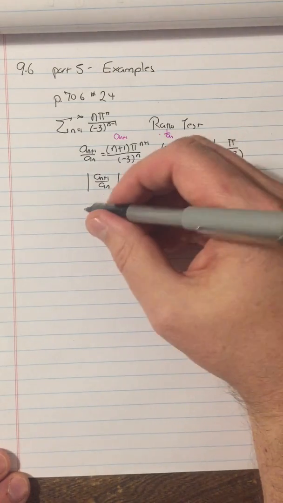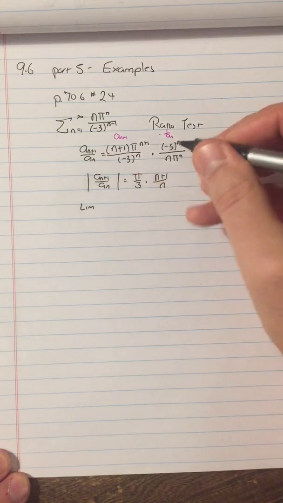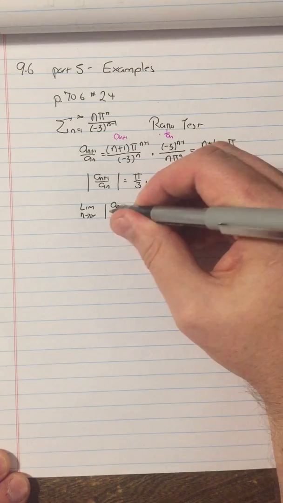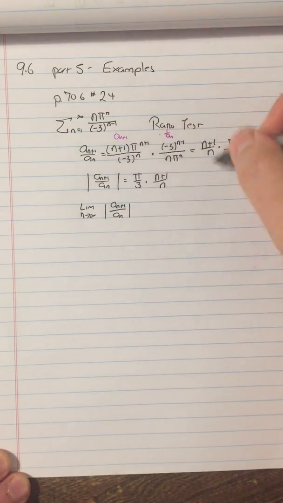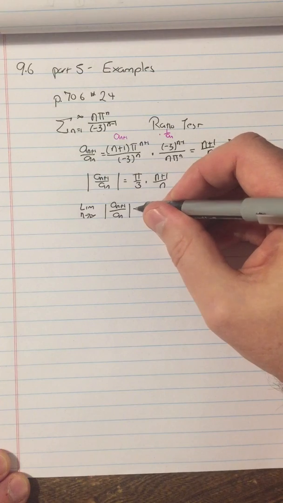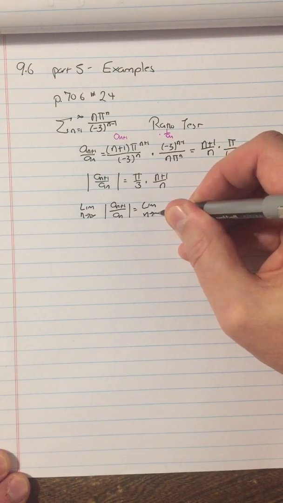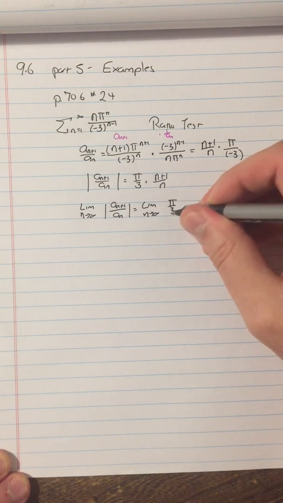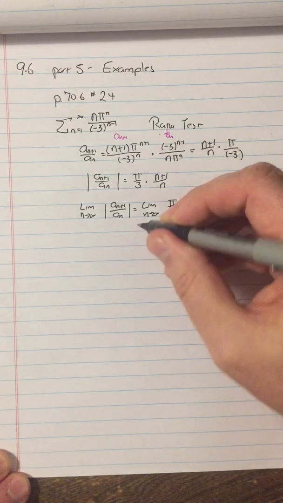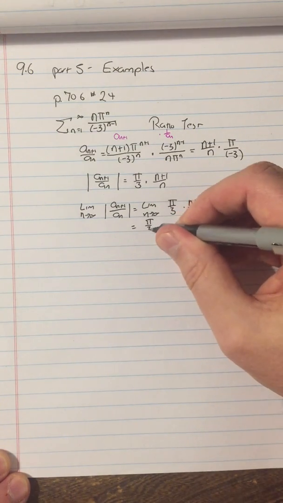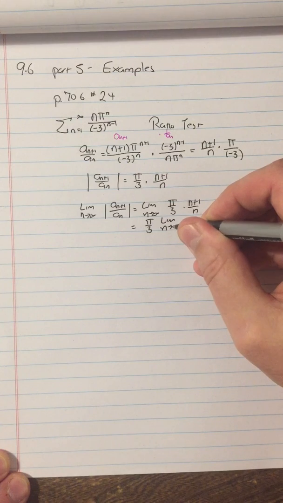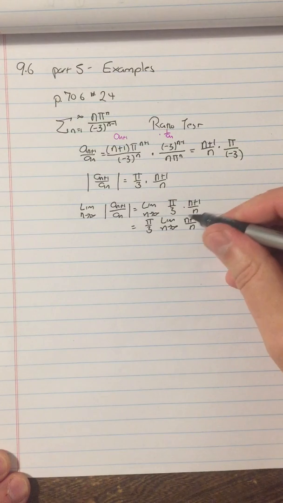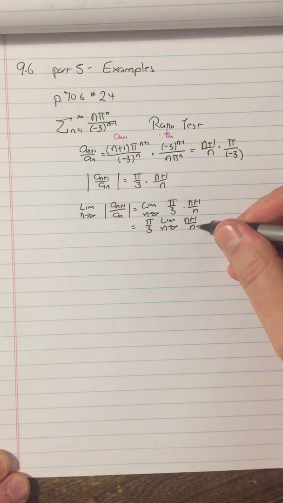I can do that because that's what the ratio test requires: the limit as n approaches infinity of the absolute value of a sub n plus 1 over a sub n. So now I can use my scratch work here, since I've worked out what that is. That's going to be the limit as n approaches infinity of pi over 3 times n plus 1 over n, and then I can just bring the pi over 3 out of the limit, have pi over 3 times the limit as n approaches infinity of n plus 1 over n, and the limit of n plus 1 over n I can do by comparison of the degrees.